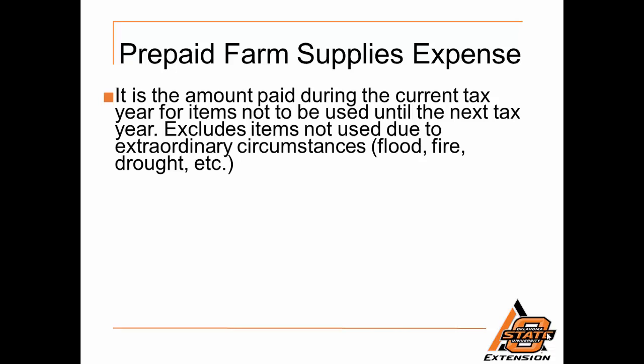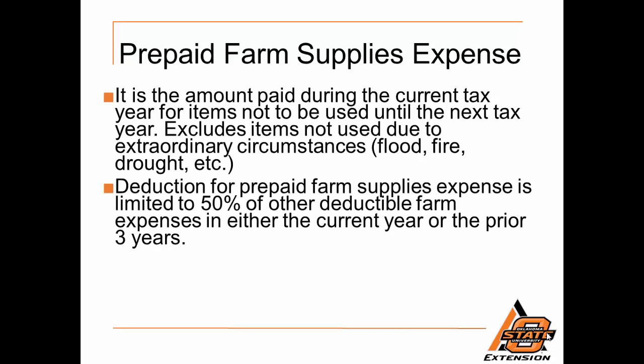If a flood occurred and we bought additional fertilizer and we couldn't put it on the farm due to the flood, well, that's not considered a prepaid item. Drought, where we buy, again, fertilizer not used. So those items that we bought, planning to use, but the flood or the drought kept us from using, those aren't considered prepaid items.